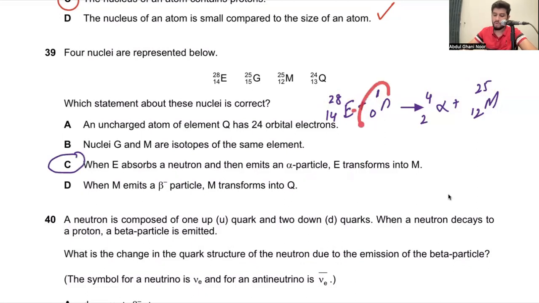If E were to absorb a neutron and give out an alpha particle, it would definitely give you M. Option D says, when M emits a beta minus particle, M transforms into Q. No. For a beta emission, the nucleon number never changes. And because the nucleon number is changing, I know this cannot be due to a beta emission.